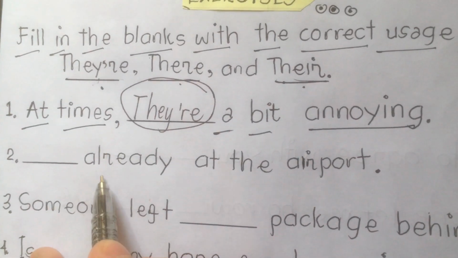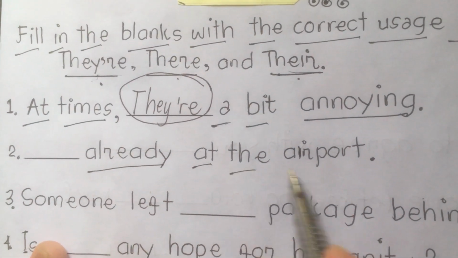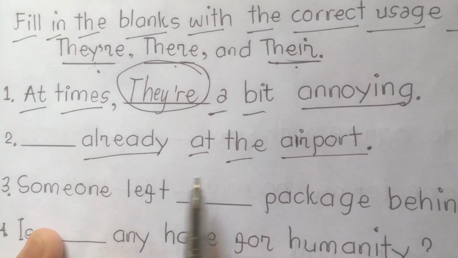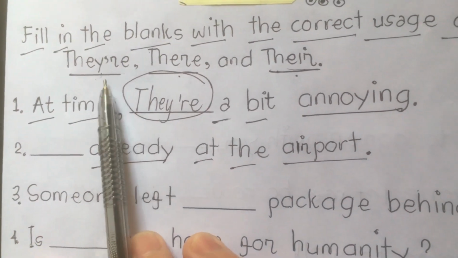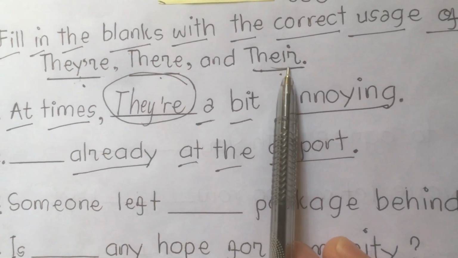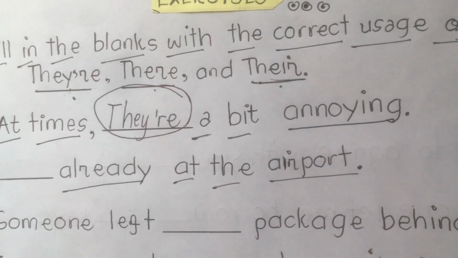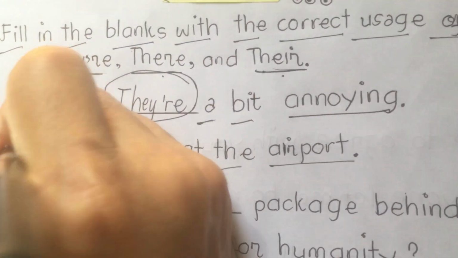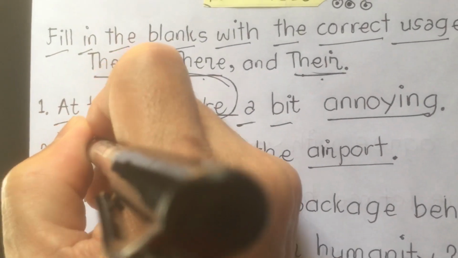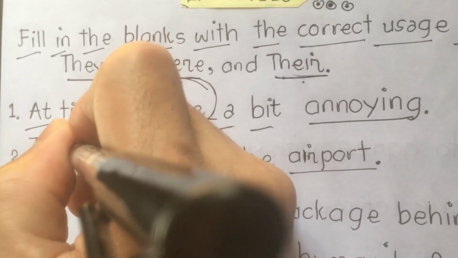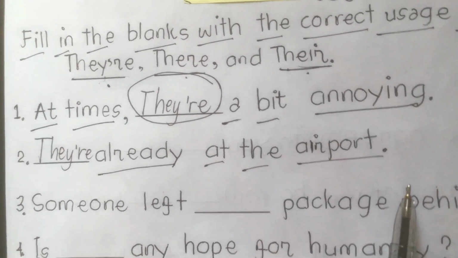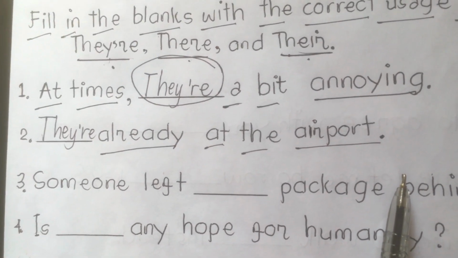Number 2. Blank already at the airport. Is it there, or they're? Number 2 answer, we have the contraction form of they are, they're already at the airport. It means to say they are already there.